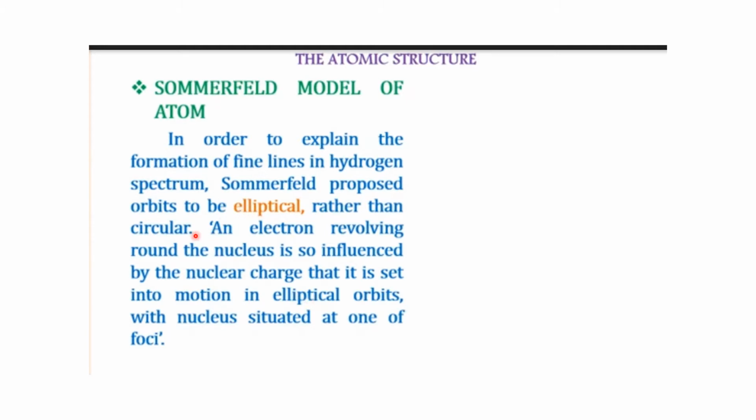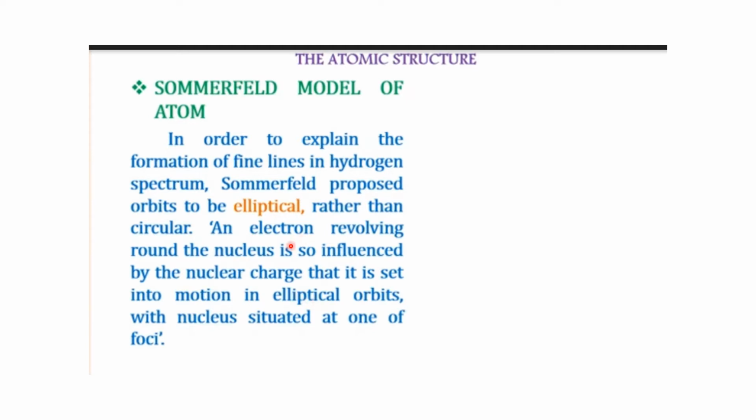So the first modification is that electrons in an atom revolve in orbits which are elliptical in shape rather than circular.